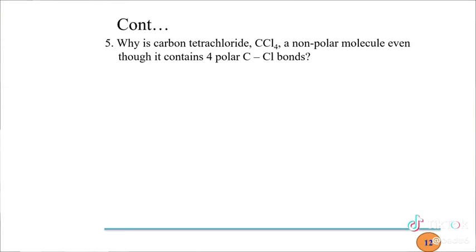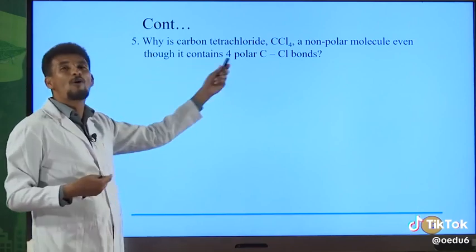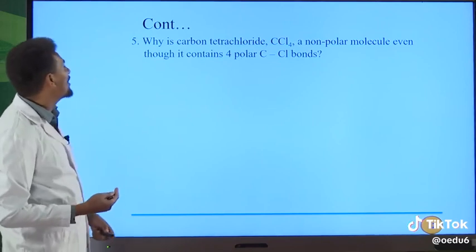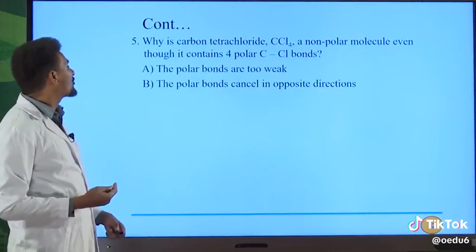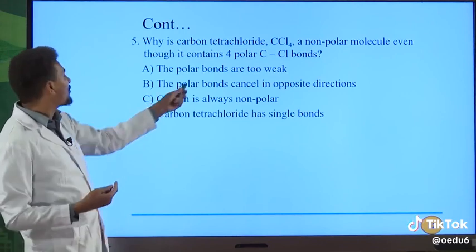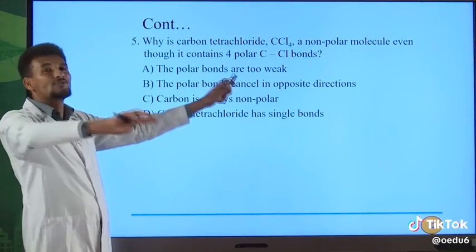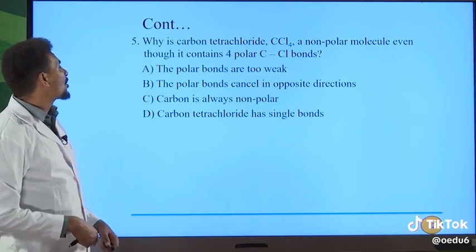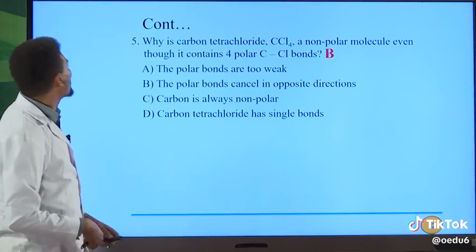Why is carbon tetrachloride, CCl4, a non-polar molecule, even though it contains 4 polar carbon to chlorine bonds? I already told you about this one. The correct answer is B, because the polar bonds cancel in opposite directions, but they have the same magnitude.